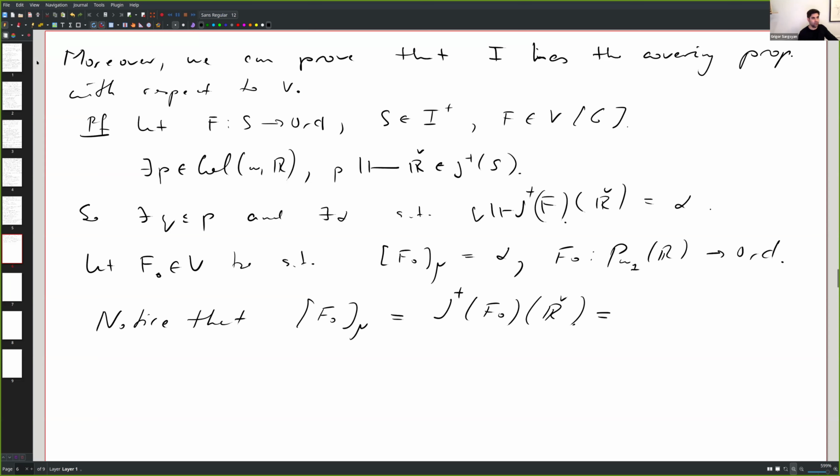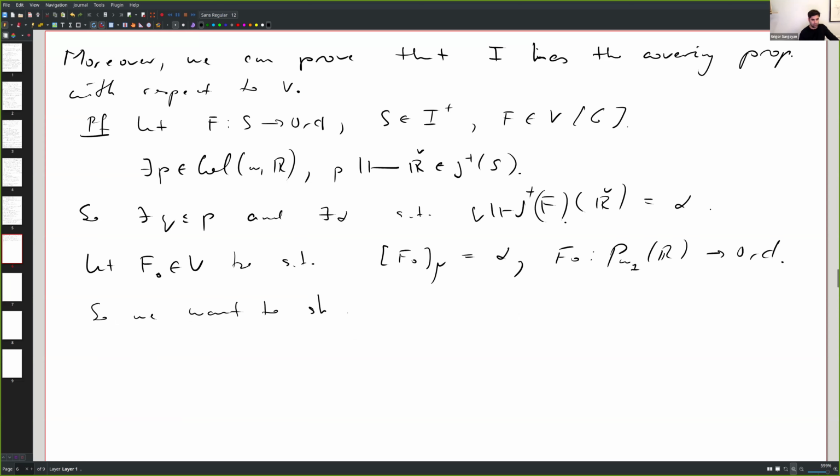Basically, what do I want to prove? Let's just write what I want to prove, then it will be easier. So we want to show that the set of sigma in S such that F sigma equals F0 sigma is I positive.